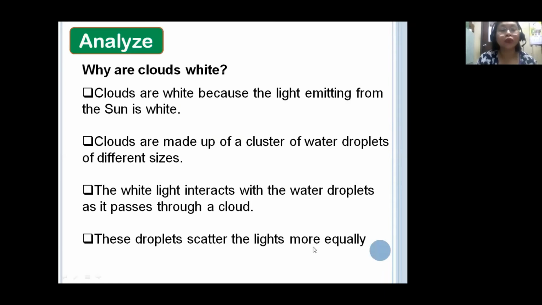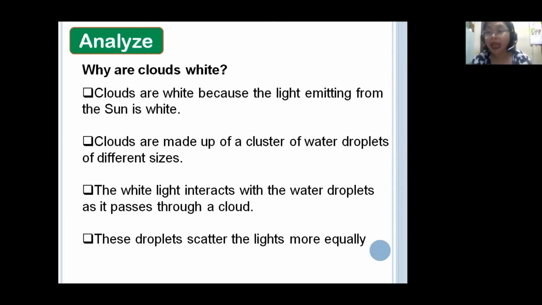Okay, so the white light interacts with water droplets. So there was dispersion, and then it reflects again and enters another droplet. So from white light it became a visible light spectrum, and then it enters another droplet and forms white light again, and it is distributed equally.